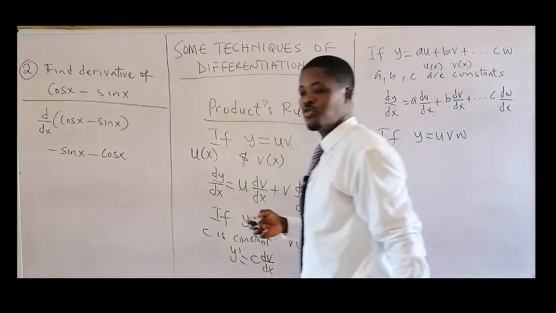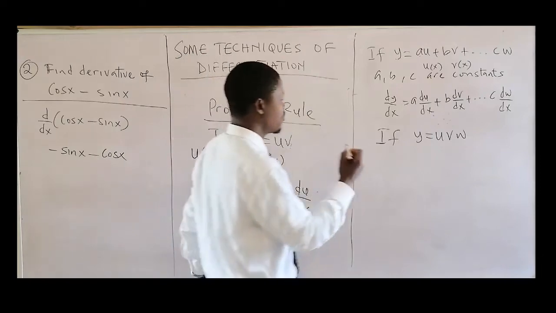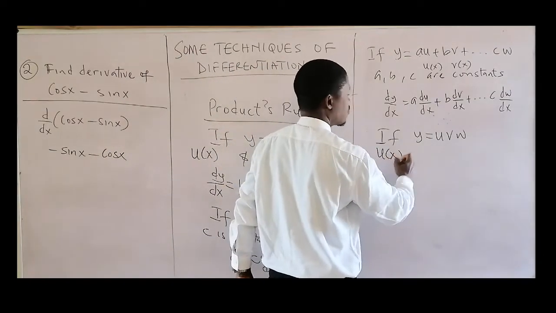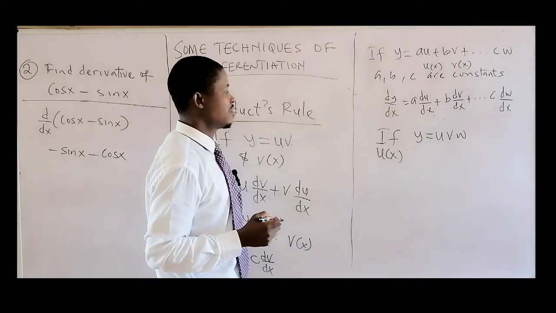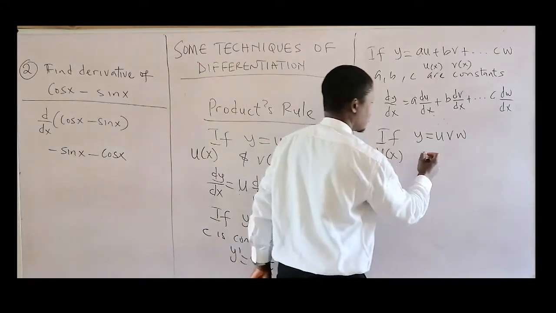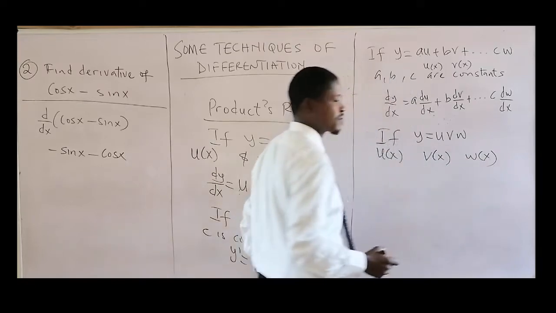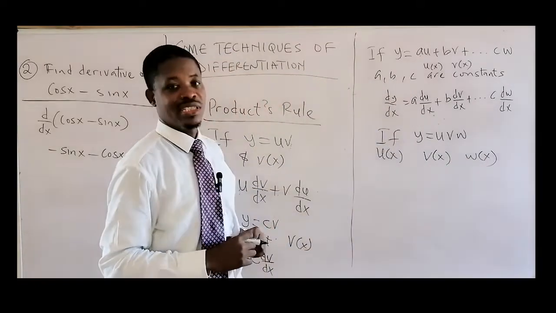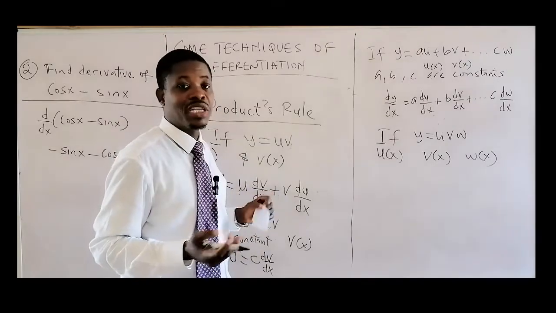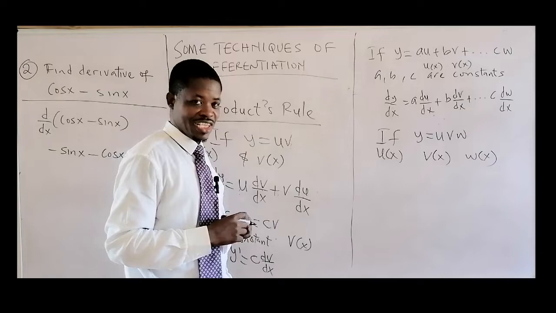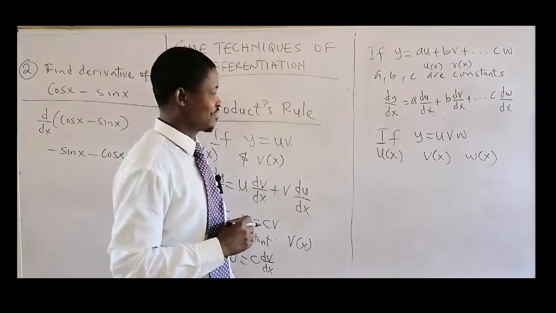You have u times v times w, and each of those items is a function of x. v also is a function of x. w also is a function of x. The product rule is highly applicable. It could be four items multiplied together and the product rule is applicable. Let's see how we can use the product rule when you have three items.